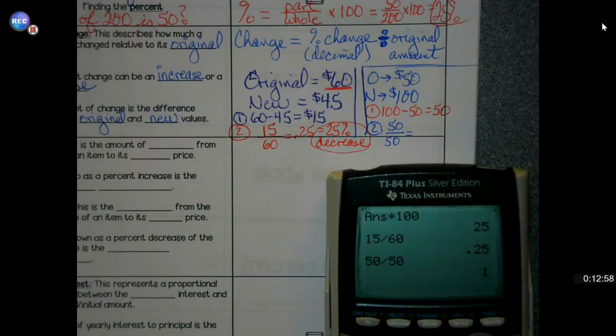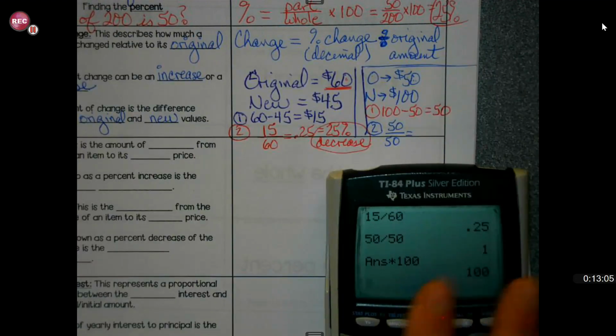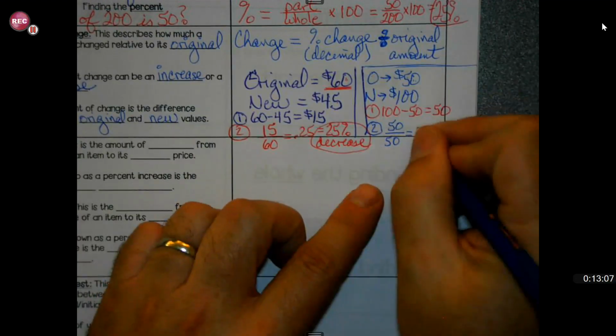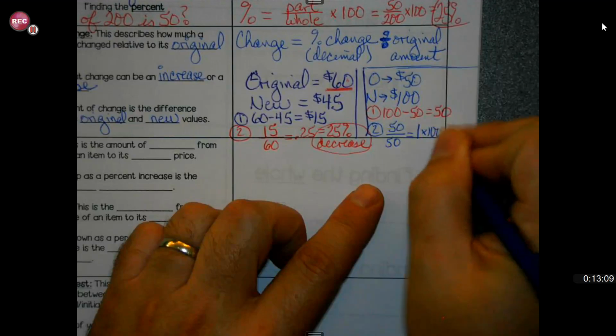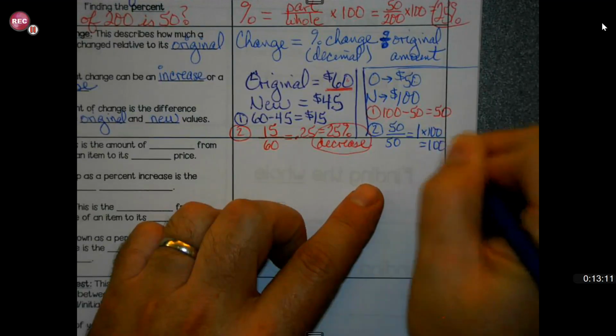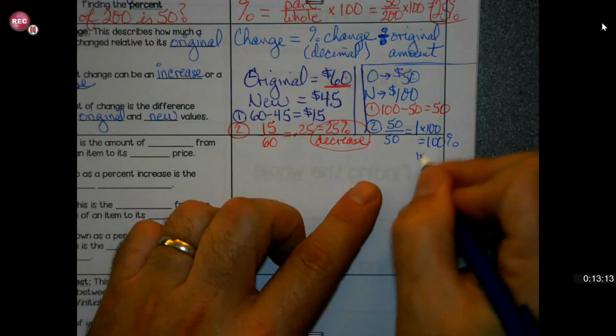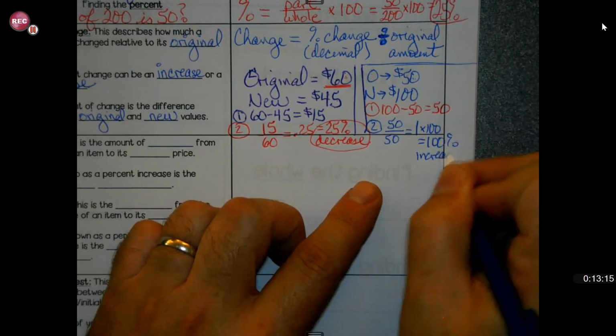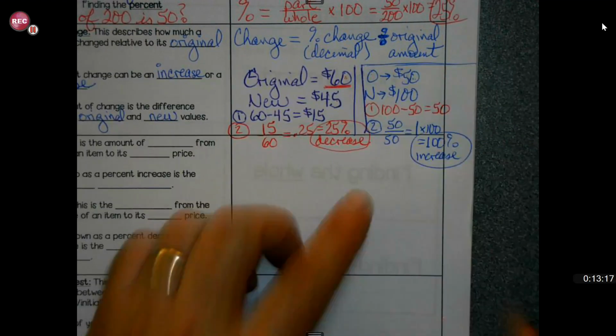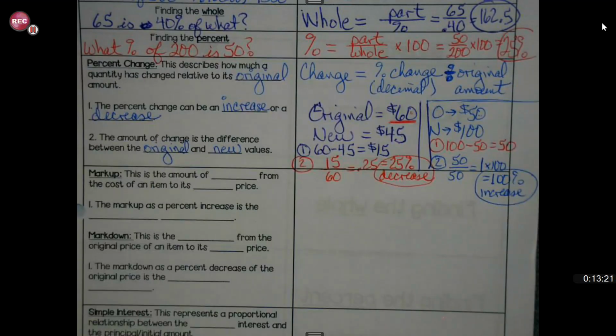It doesn't mean it went up 1%. 100, because you still got to multiply that number by 100. So that doubled in price. It was a 100% increase in price because the new is higher than the old was.